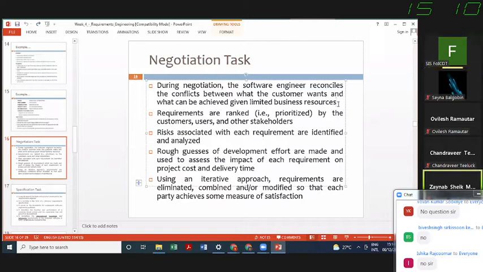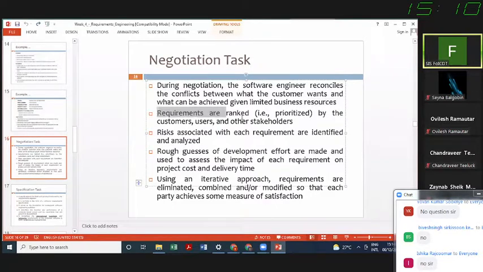So we find this reconciliation, this negotiation, happening in this phase. Because we have to understand, like I mentioned, resources would be time, money, staff. So these would be limited.